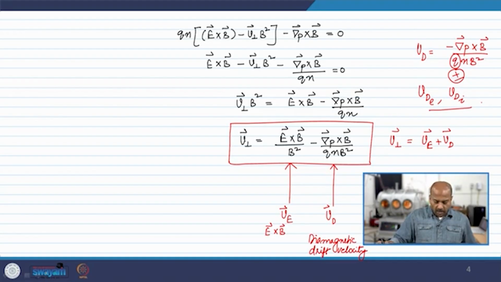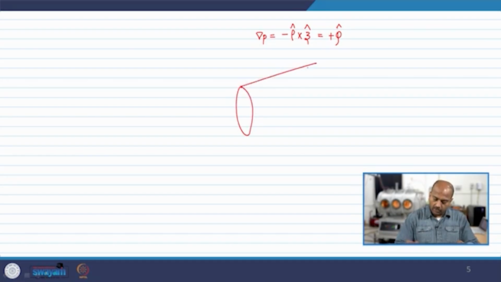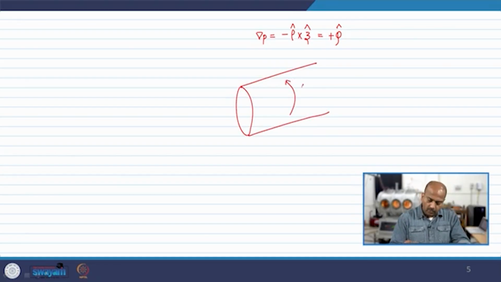If you talk about the direction, del P is minus rho cap, and rho cap cross z cap is plus phi cap. So, if you take this geometry that we have taken earlier, this is your phi cap and this is your del P.